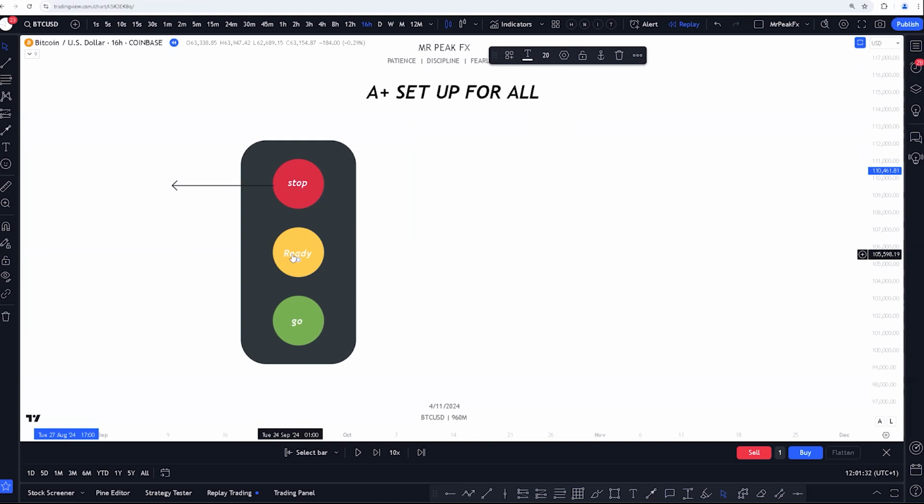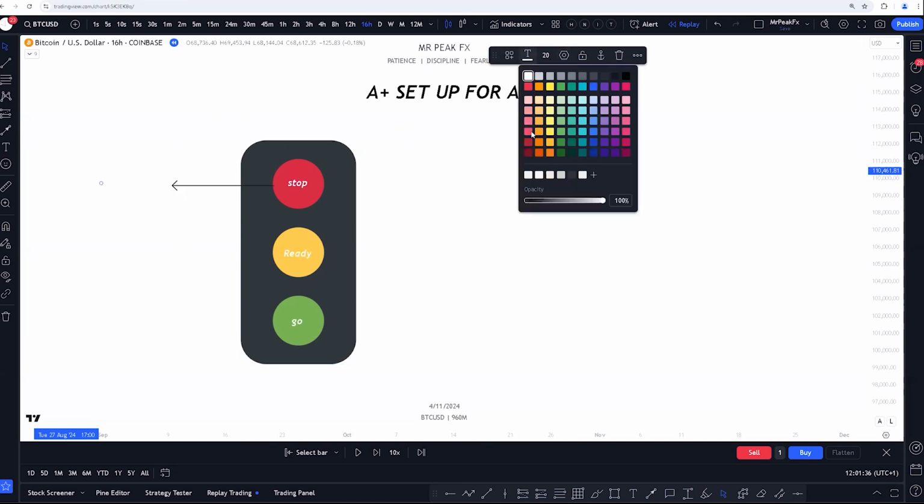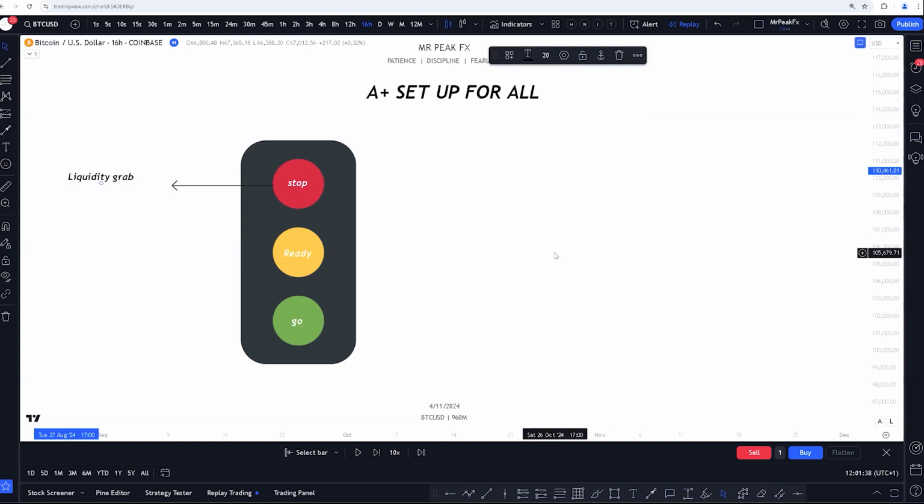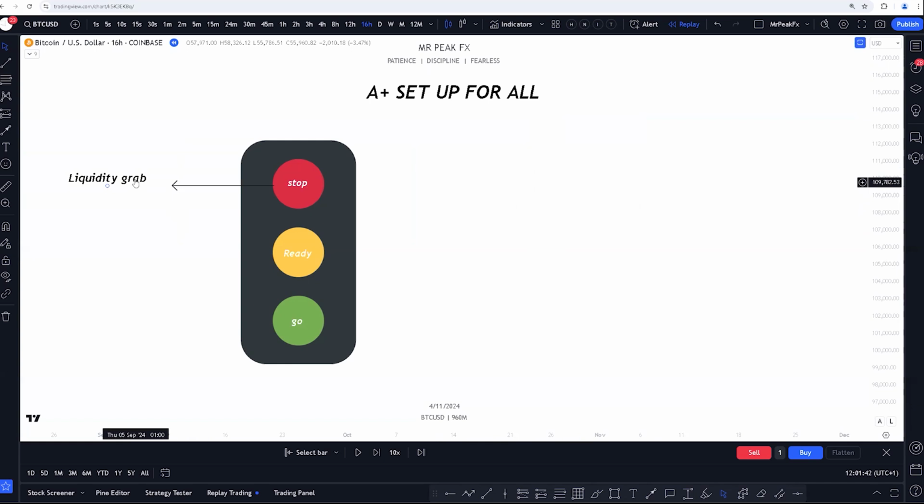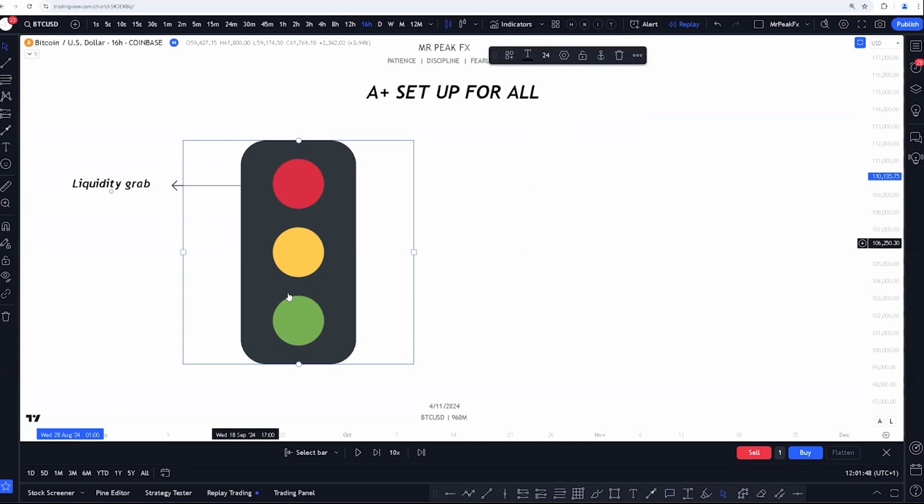Let me change the color. The red signifies liquidity grab. So once there's a grab of liquidity, that is the red in Forex trading.